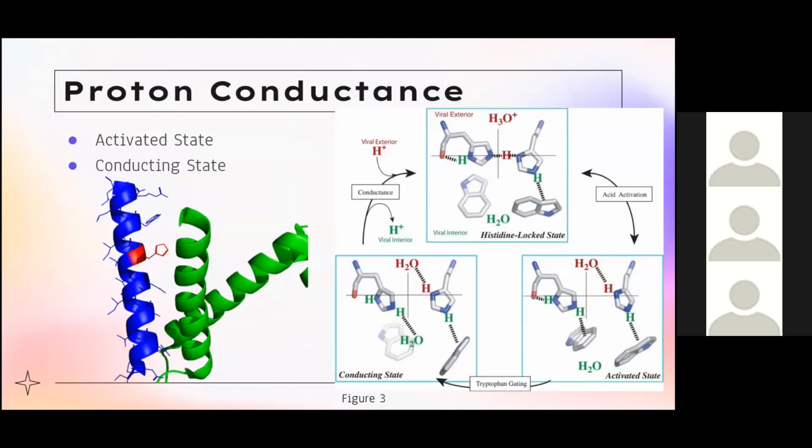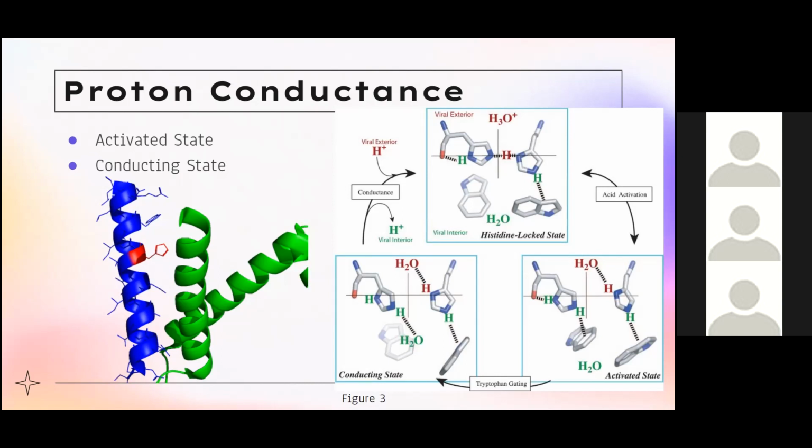All right, and then, using a neutral pH to study the structure of the HXXW quartet, the researchers determined the mechanism of the acid activation and proton conductance. They found that under acidic conditions in the exterior, a hydronium ion from the N-terminal pore attacks an imidazole-imidazolium dimer.